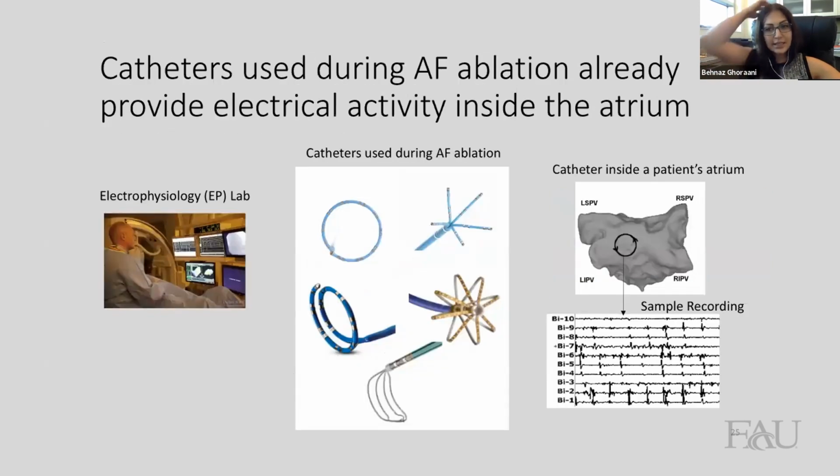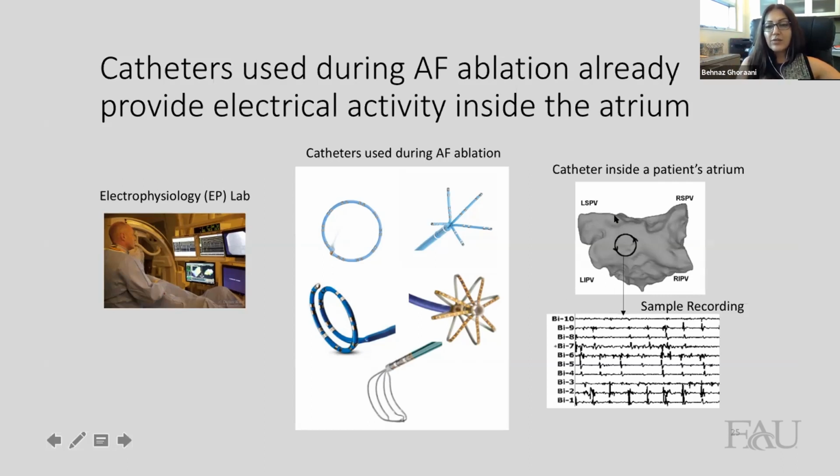So the idea here is that as they perform this procedure, these catheters go inside the person's heart anyway. The physicians use these catheters for different applications, to measure electrical signals in the heart. For example, they insert this catheter, and these shiny metals are sensors that measure the electrical signals.